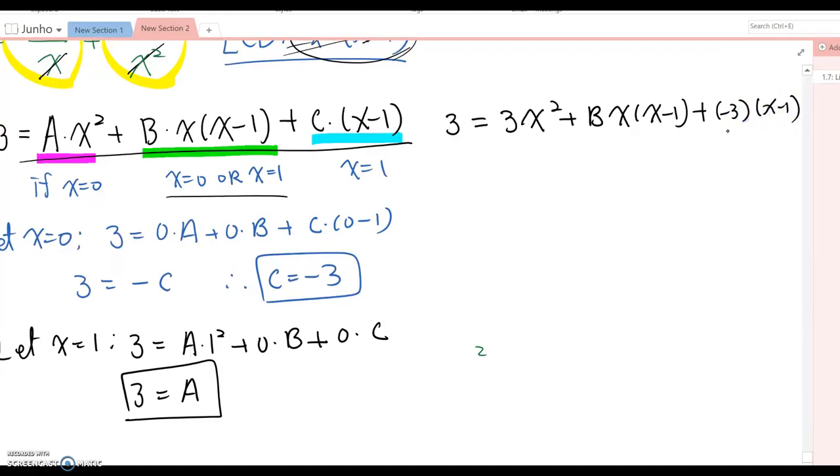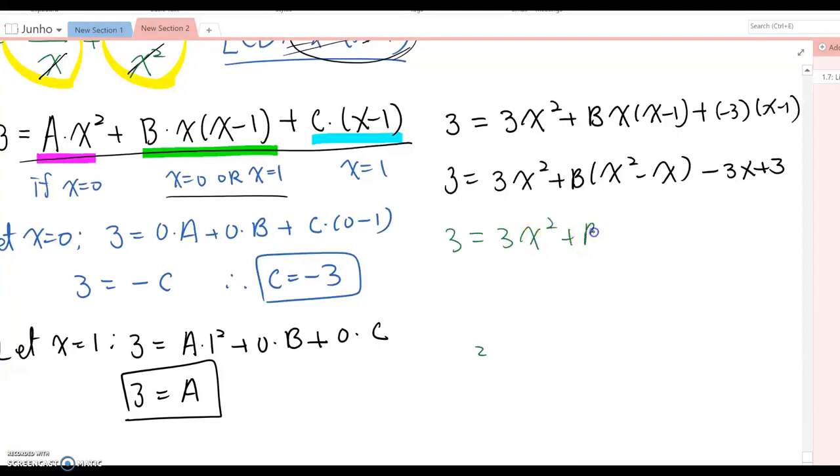So we can make 3 equals 3x squared plus bx squared minus bx minus 3x plus 3. We keep on expanding and then combine like terms, then this becomes 3x squared plus bx squared minus bx minus 3x plus 3.